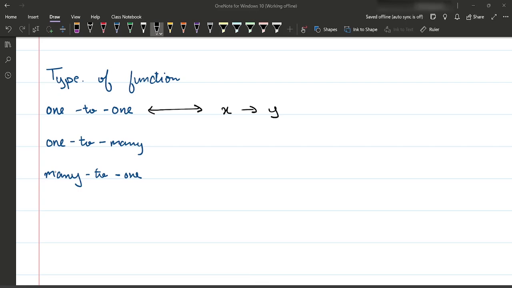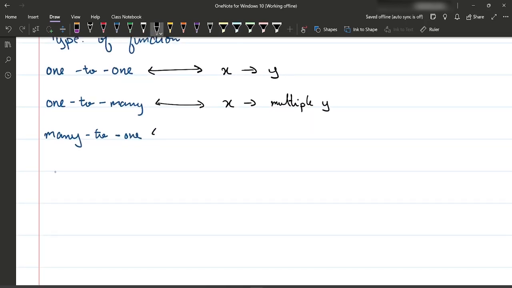Okay, 1 to many is simply one x value gives you multiple y values. And then finally, many to 1 is simply multiple x values give you a singular y value.